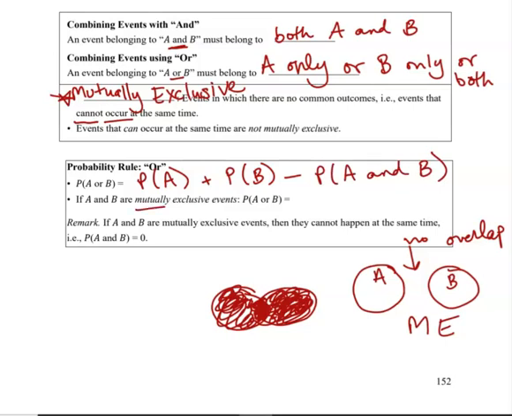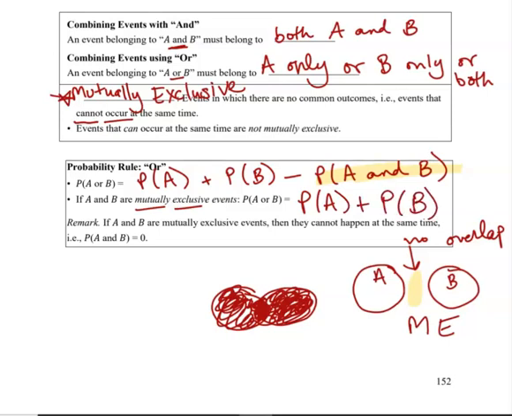If the events are mutually exclusive, then this part of the formula, the probability of A and B, would be what? Well, if they're mutually exclusive, there's no overlap, right? So this part of the formula just becomes 0. So if A and B are mutually exclusive, the probability of A or B becomes just the probability of A plus the probability of B.